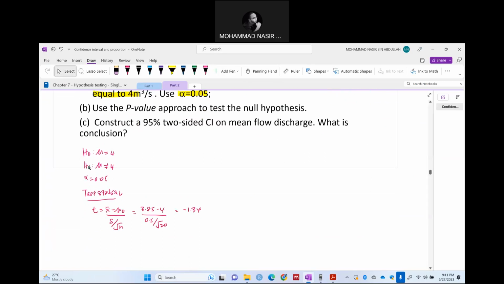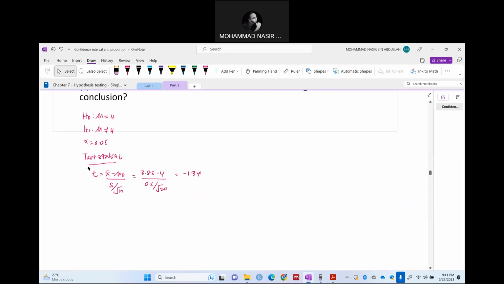So based on the alternative hypothesis, this is a two-tailed test, critical region. So we have a two-tailed test, two rejection areas. Right. So this is negative t alpha divided by 2 with degree of freedom, and t alpha divided by 2 with degree of freedom.